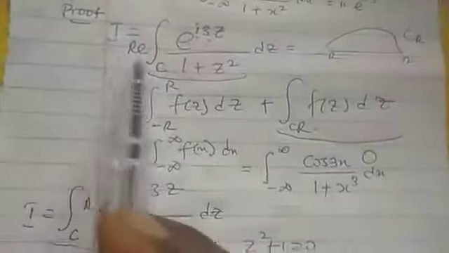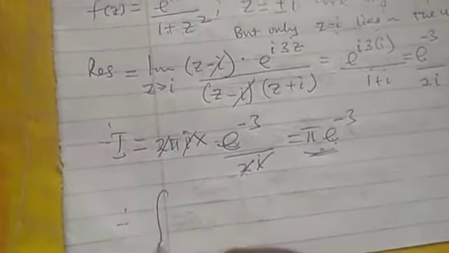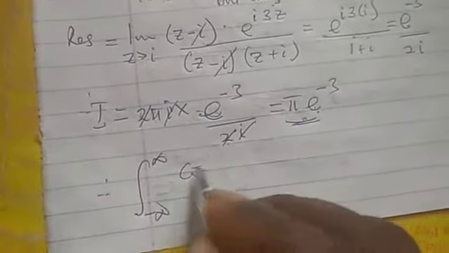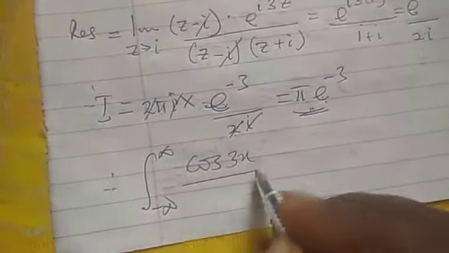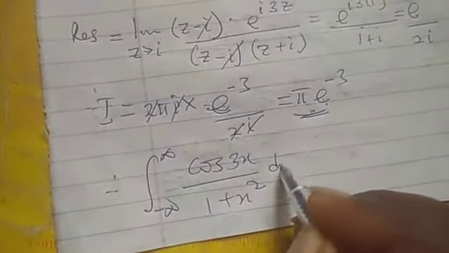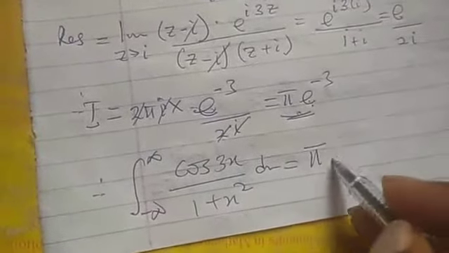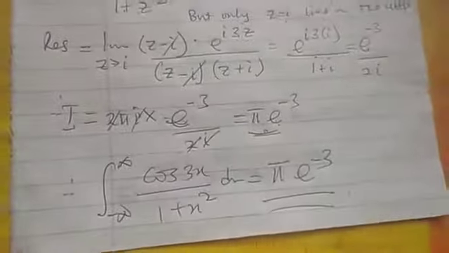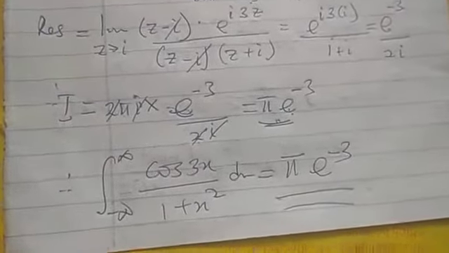At this integral, we have shown that it is equal to this. So if you compare both sides, therefore the integral from minus infinity to infinity of cos 3x over 1 plus x squared dx is equal to pi exponential minus 3. So that is the answer.